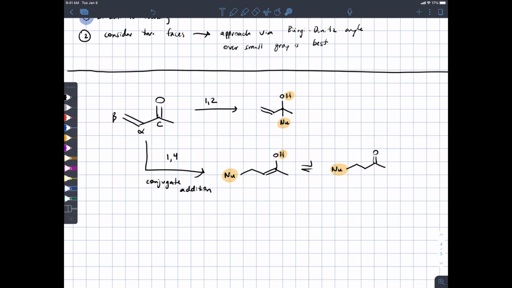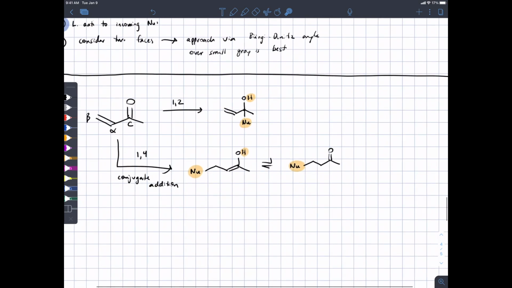So I taught my undergrad students that organolithiums and Grignards prefer 1,2, whereas cuprates prefer 1,4. And I basically said, you just have to memorize that. It turns out there is a principle underneath here, and it has to do with hard versus soft nucleophiles. So hard nucleophiles prefer 1,2 addition.